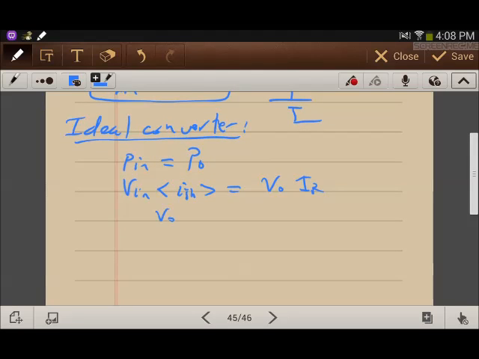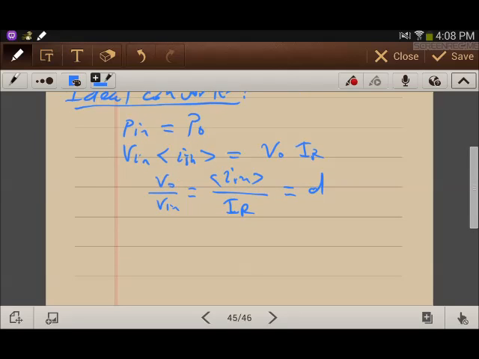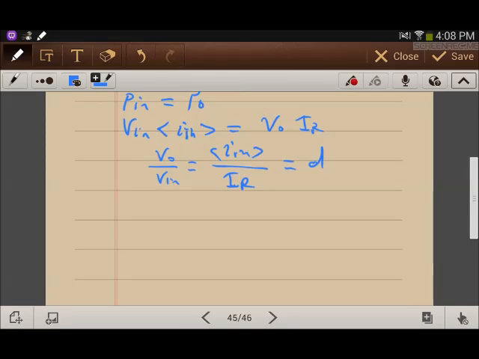So V output over V input, we know, is equal to I input divided by IR, which is equal to D, meaning that the waveform of the input current is discontinuous in nature. This is the input current from the battery, so this is discontinuous current, and this is a disadvantage.